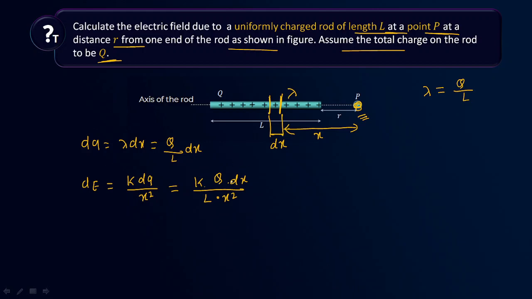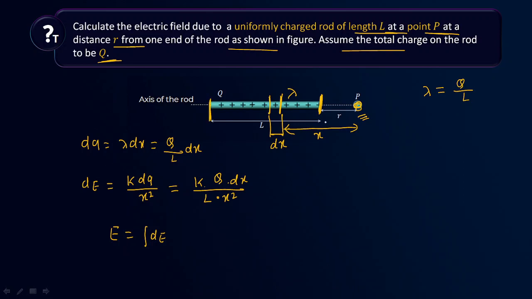So now to find the electric field, what we have to do? Electric field will be the integration of dE. Now when we do the integration, what should be our limit? The limit is, when we are moving from this point P, at distance R the rod or charge started, and it continued up to how much?